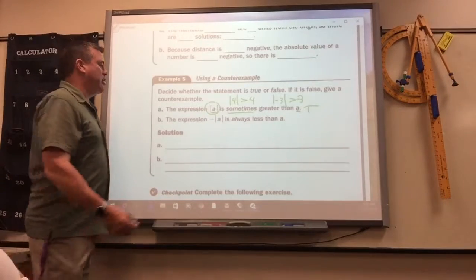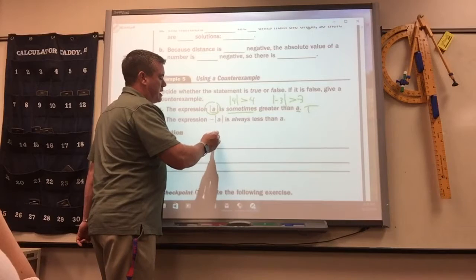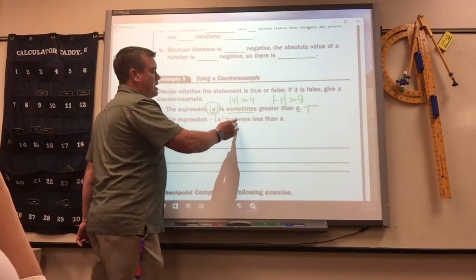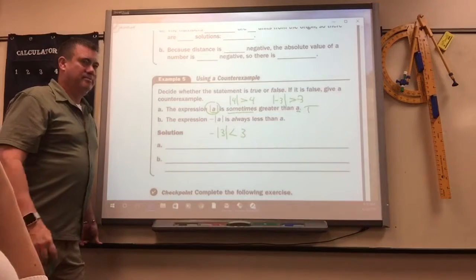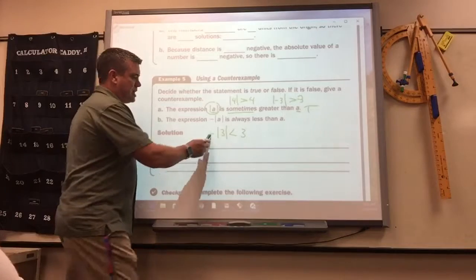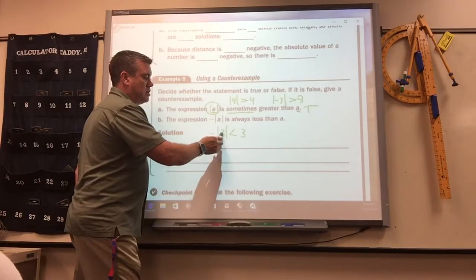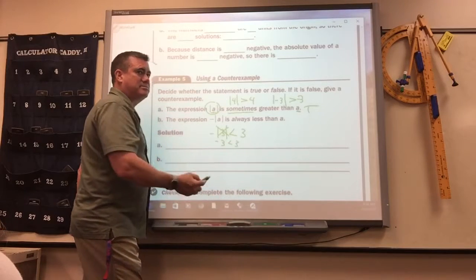Pick any number. So here, expression negative absolute value of A, so pick a number. Is it always less than the number inside? No. So there it is, right? Because the negative's outside. So this would turn to 3, but the negative would stay there. That is less than 3, right?